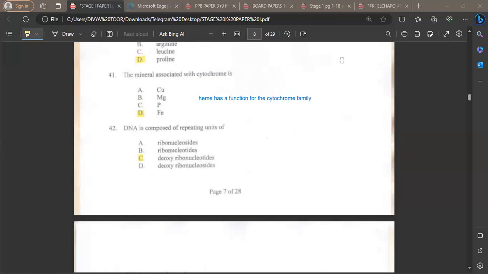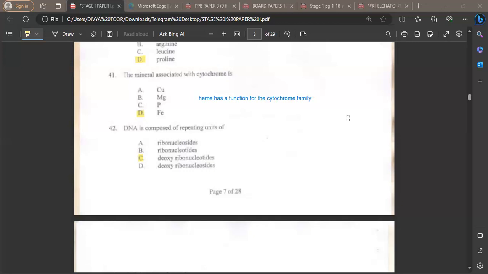Okay. So someone has sent iron containing is for cytochrome A3. Cytochrome A3, it says in Google, it's a terminal electron donor.